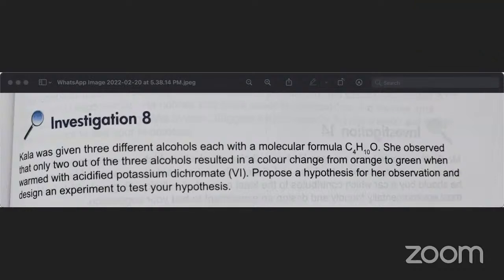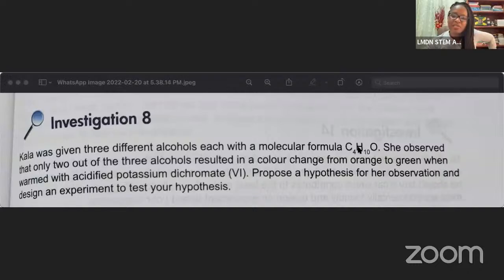I'm seeing it. Okay. So we're given, and I want you guys to talk this through with me, right? It's really pulling on your knowledge of a lot of different things: oxidation, reduction. Well, I'm giving away the answer. We weren't quite there as yet. Kayla was given 3 different alcohols. They have the molecular formula C4H10O, right?